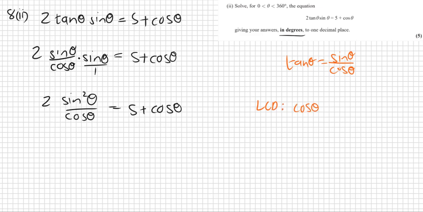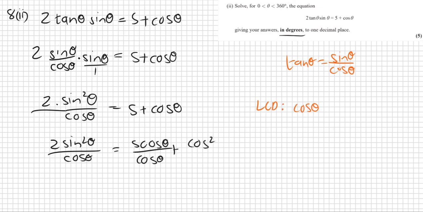So let's take a look. We'd end up with, this is all already over, it's one term, it's already over cos theta. So 2 sine squared theta all over cos theta equal to 5 cos theta times top and bottom by cos theta over cos theta, plus cos squared theta, cos theta times cos theta over cos theta.